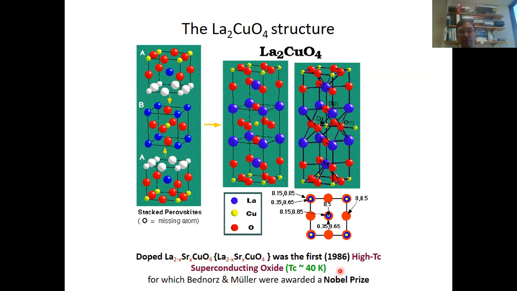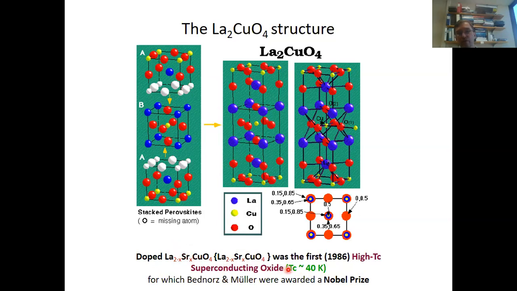What they discovered was that a derivative of that structure, namely lanthanum 2 minus x, strontium x, CuO4, has a critical temperature of 40 Kelvin. We mean here by this structure that some of the lanthanums are substituted by strontiums.